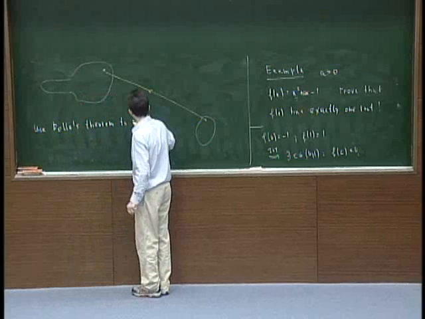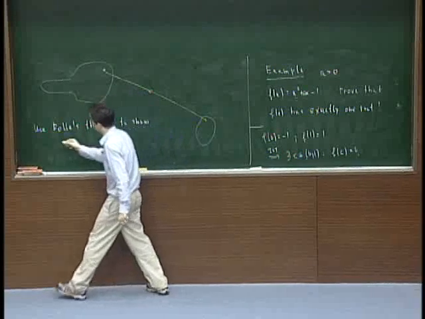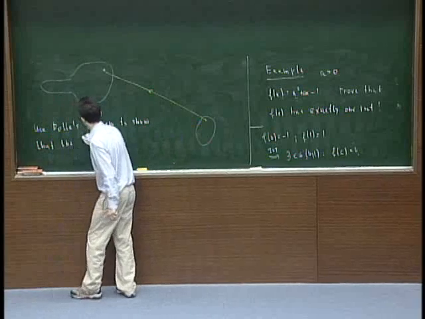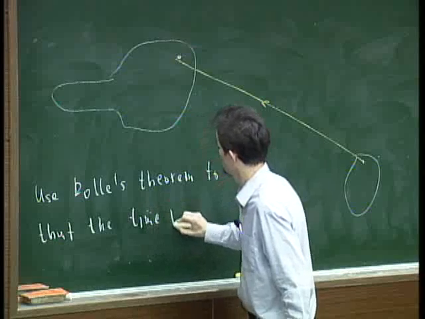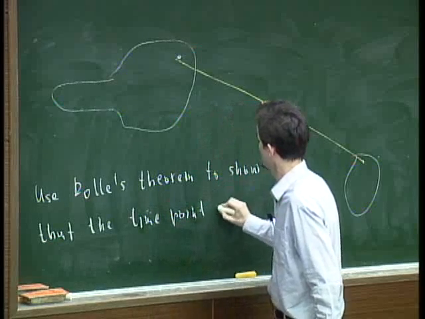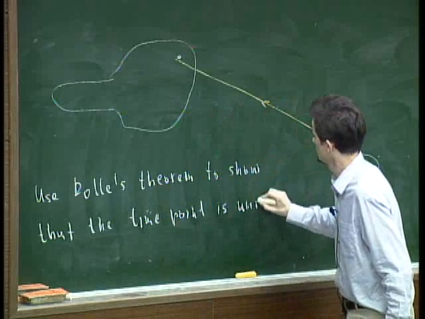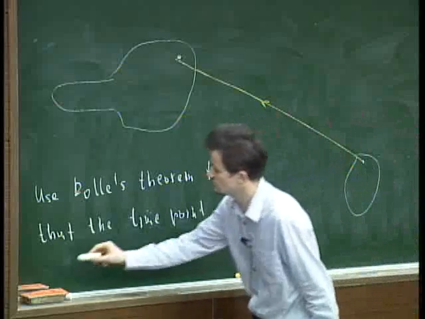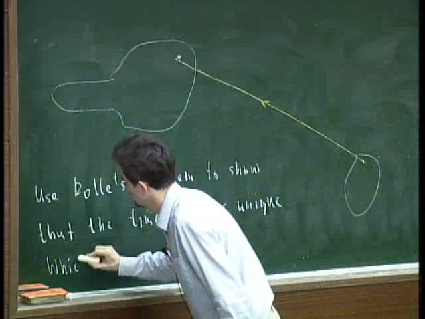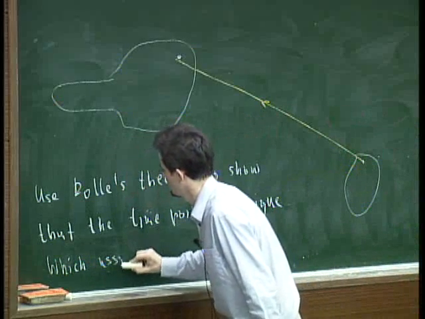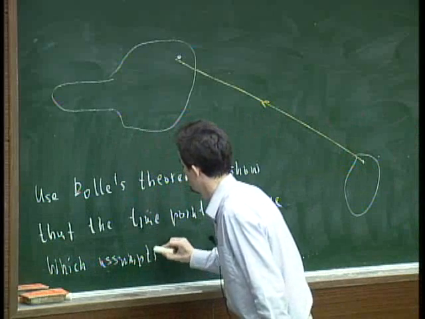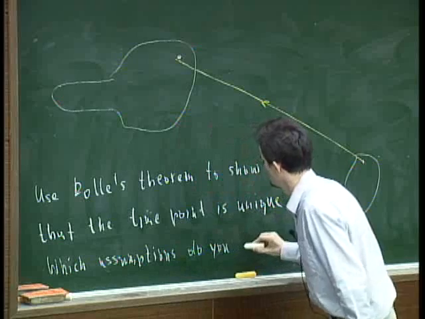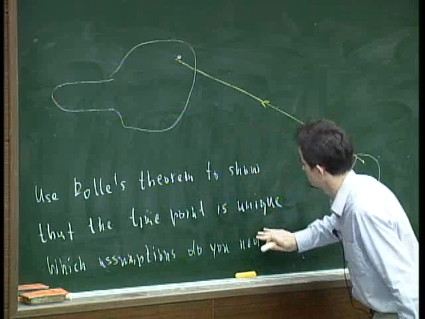Use Rolle's theorem to show that the time point is unique. Which assumptions do you need for this?